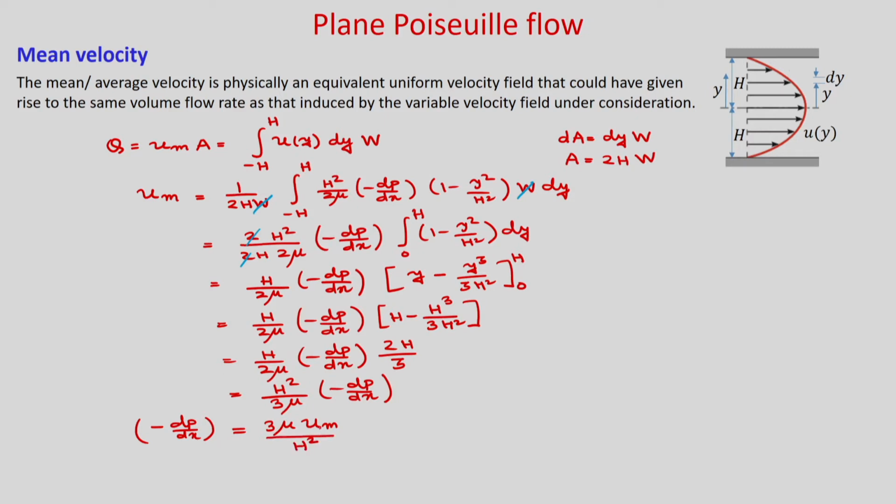So, you can see here that on the right hand side you have mu, which is your fluid property, dynamic viscosity, that is a positive quantity, Um, which is your mean velocity, that is also constant and positive, and h, which is the distance from the central line, so that is also constant. So, obviously the right hand side is constant, that means minus dp by dx is constant.